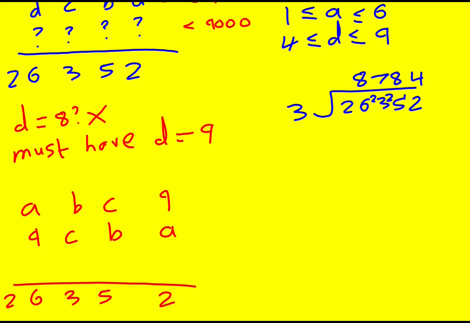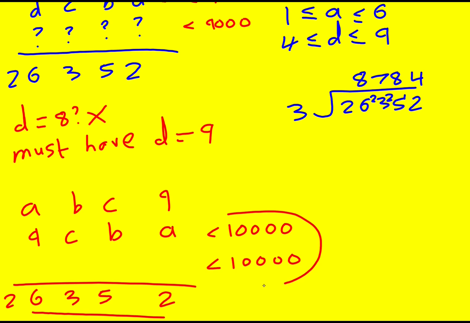Now remember, the biggest A could equal would be 6, and this number is less than 10,000 now, and this number is going to be less than 10,000, so I have to basically have A equal to 6 for this to possibly work. Because I've got a number that's less than 20,000 from these two numbers, if A was 5, we'd only get another 5,000 and something. So we need A equal to 6.